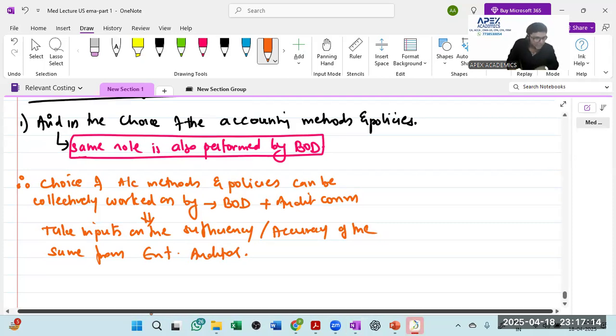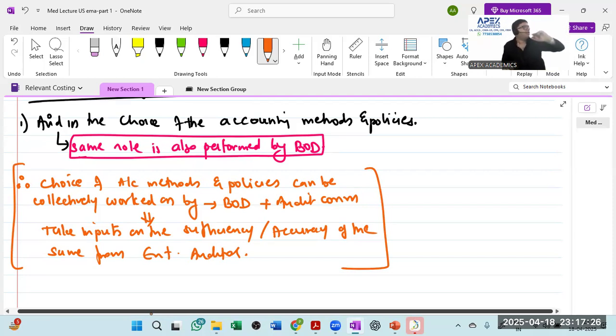So this is an indirect point that comes out of this particular aspect. I want you to keep this much in mind. It's not necessarily a direct point. It's there, it's good, it's not a bad point at all, but it's an indirect point that comes out of it. Aiding in the selection of the accounting methods and the accounting policies.